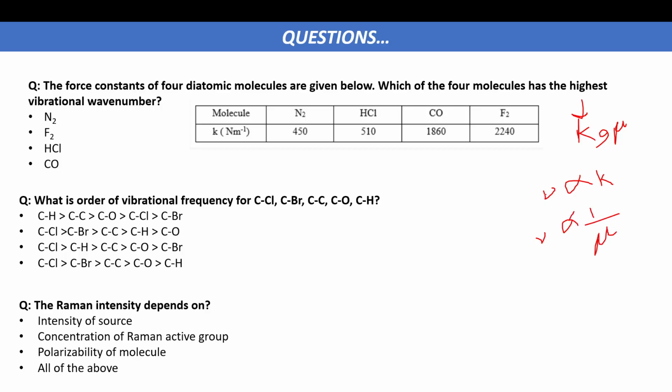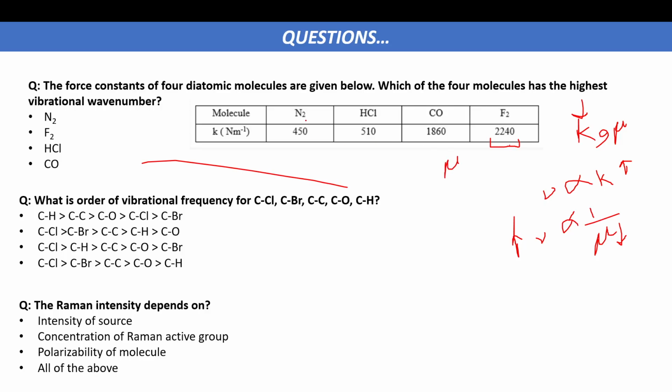So, if you want the vibrational wave number to be higher, that means the reduced mass should be lower, and the force constant should be higher. Now, out of these four, 450, 510, 1860, 2240. So clearly in this case, as F2 has the highest force constant, it will have higher mu, and also check in terms of reduced mass.